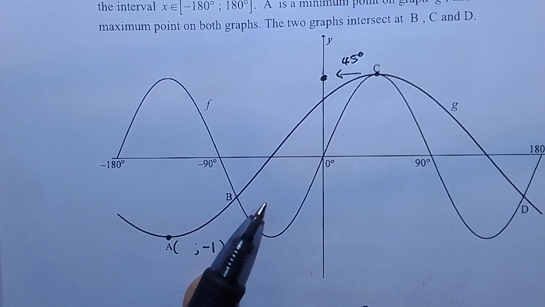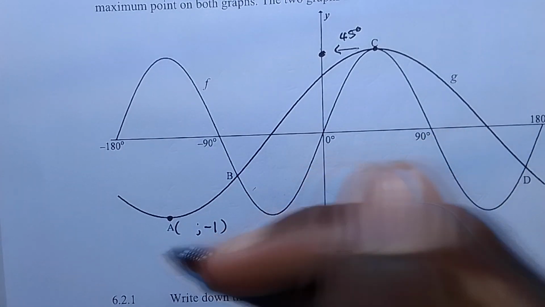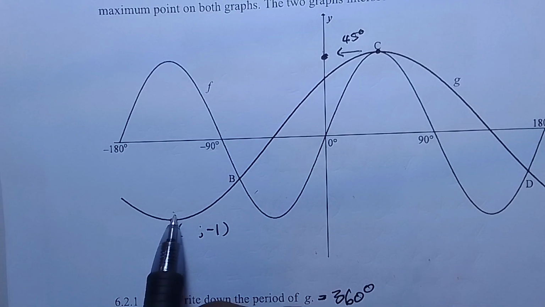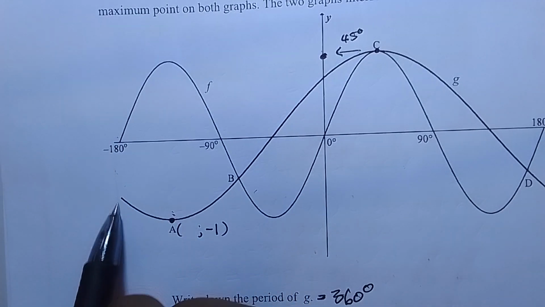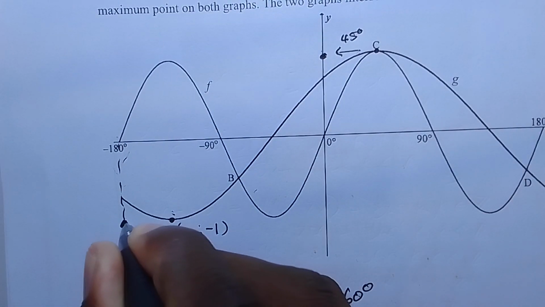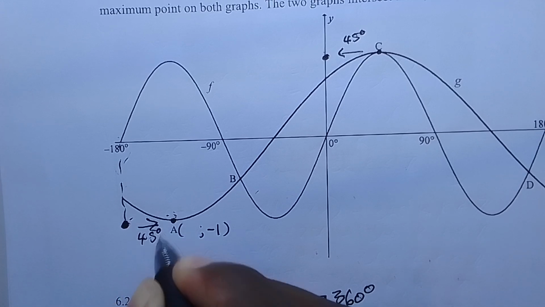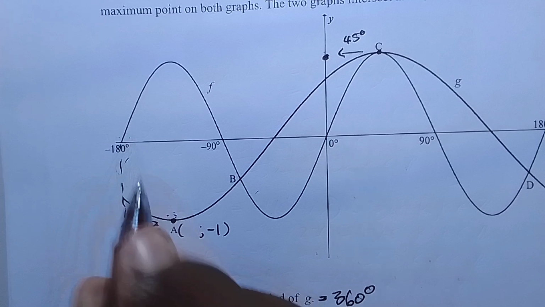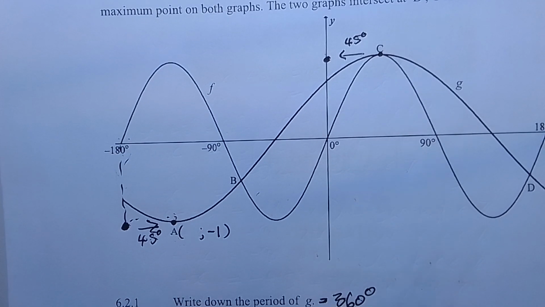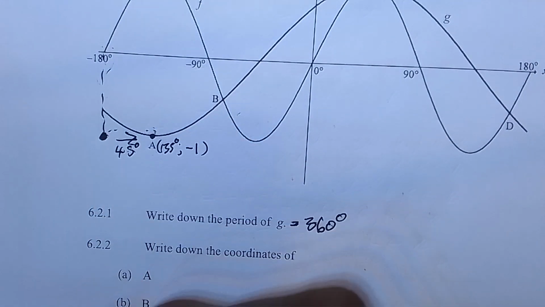We know that every point should be shifted 45 degrees this way in order to get the coordinates of the mother graph. So the mother graph would have been at a minimum at 180. The minimum of the mother graph would have been here. Therefore, this minimum should have shifted 45 degrees this side, which means you just say -180 plus 45 degrees and get this point. So if you say -180 plus 45, you get 135 degrees.